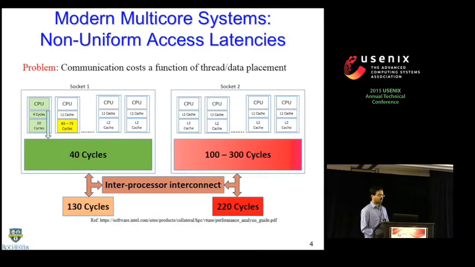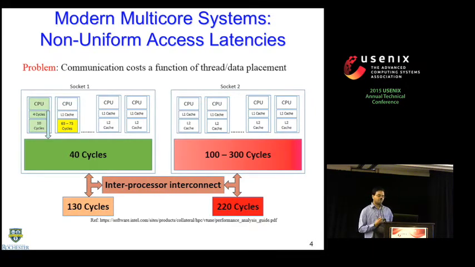The second aspect that we've touched upon is the non-uniform access latencies. In this figure, we can see that for a CPU to access data that's in its private cache, it takes a few cycles. For it to access something in its last level cache, it takes a few tens of cycles. And for it to access something that's local but in the DRAM, it takes on the order of 100 cycles. The second that the processor has to access something that's remote to it and go to a remote DRAM, it takes almost twice the time, a couple of 100 cycles.